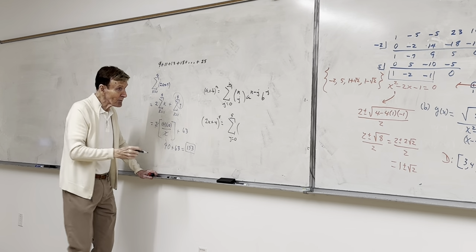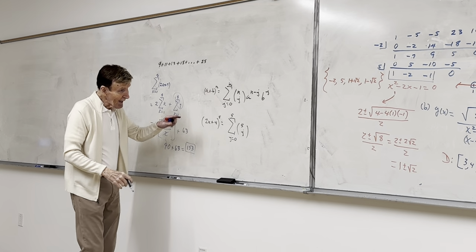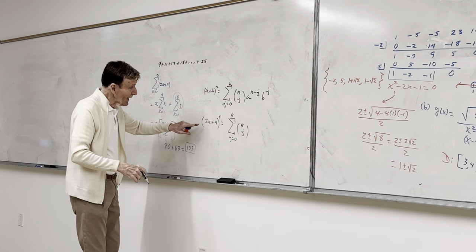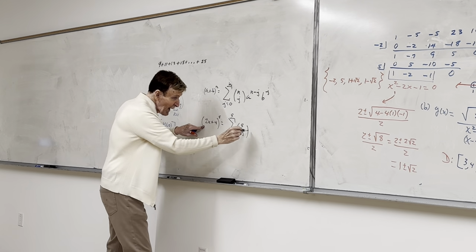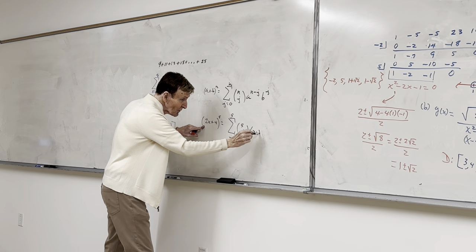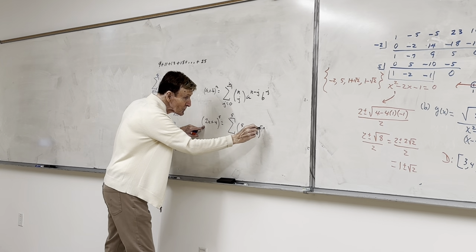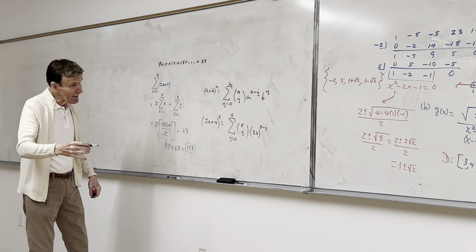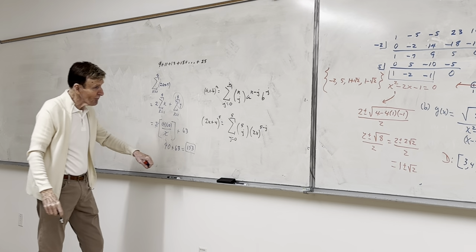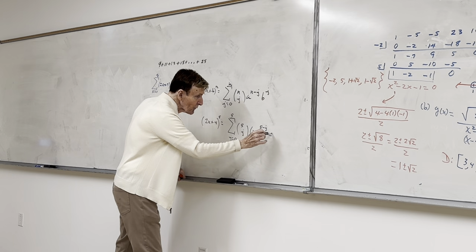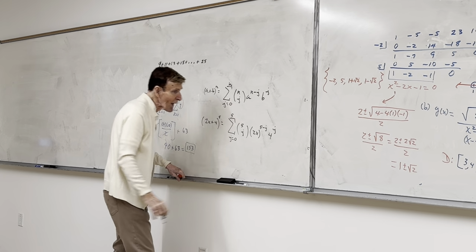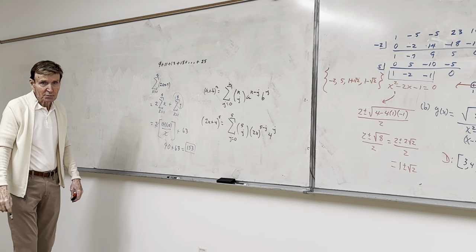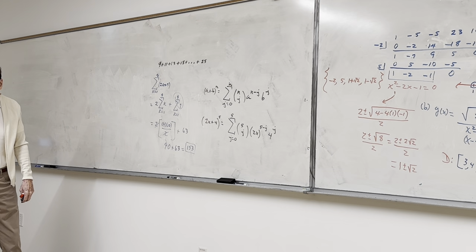N is 5. So is it 5 choose J? Is that true? And then got A raised to the N minus J. A, in my case, be careful, is 2x. Raised to the 5 subtract J. That's N subtract J. The B on the end, B raised to the J, my B is a 4. So it's 4 raised to the J. Is that the way it looks? Yes. With the help of the binomial theorem.